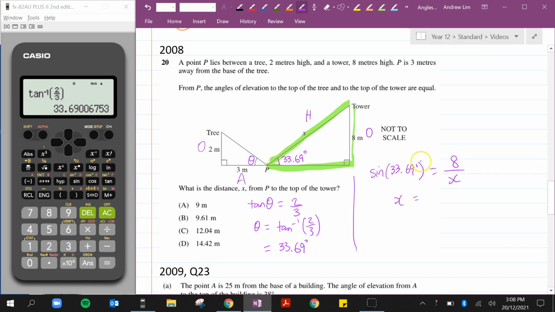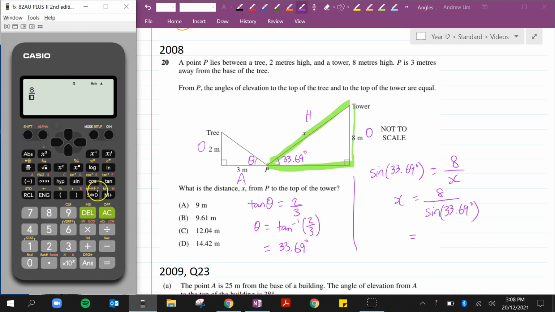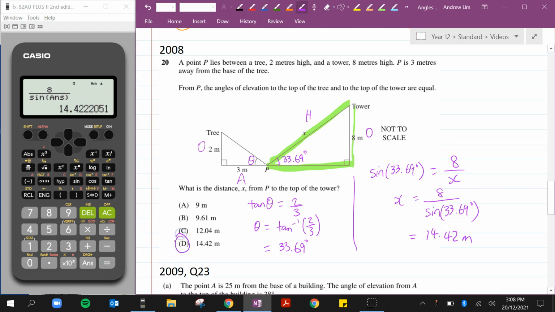I'm going to swap these two. We get 8 over sine of 33.69. So we've got 8 over sine of that answer from before, which is 14.42 meters. So the answer is D.